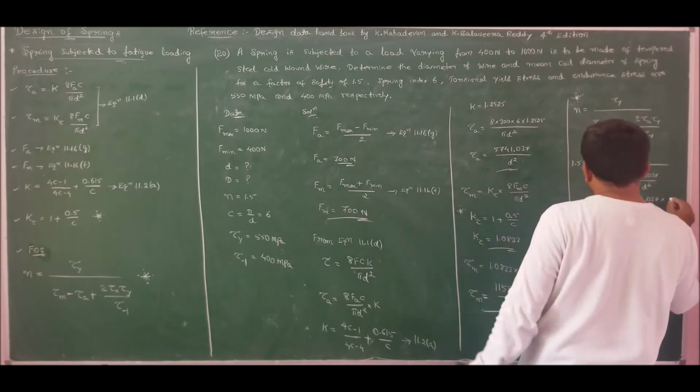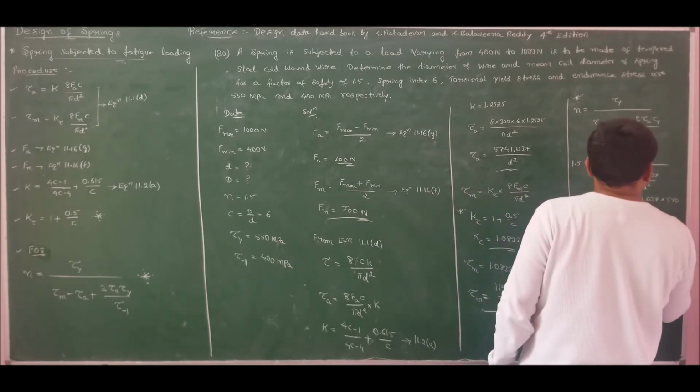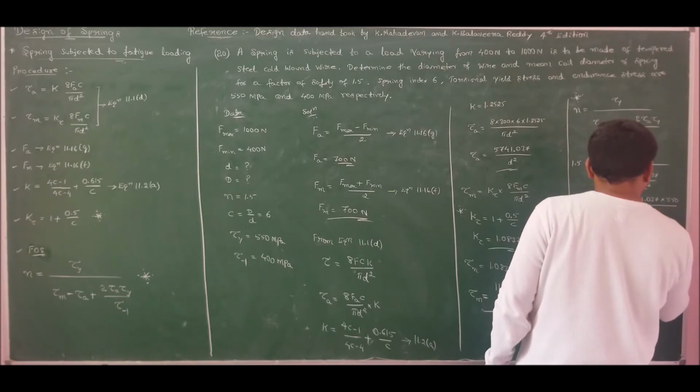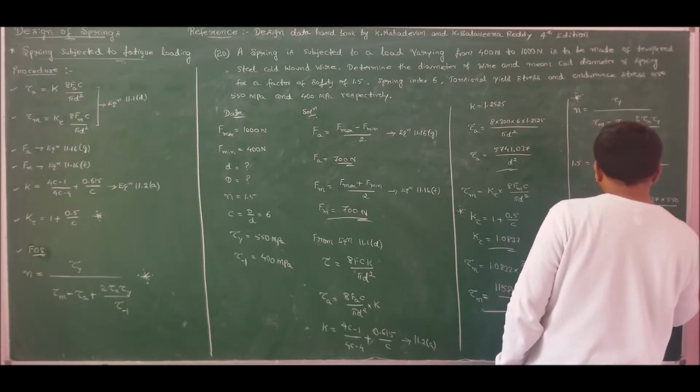Tau yield is given for us, which is 550, whole divided by d square into endurance, which is 400.